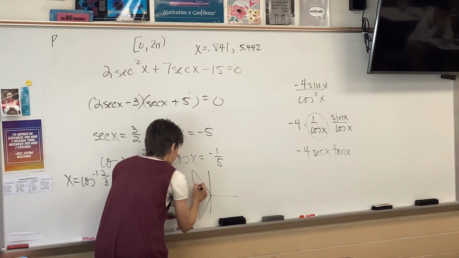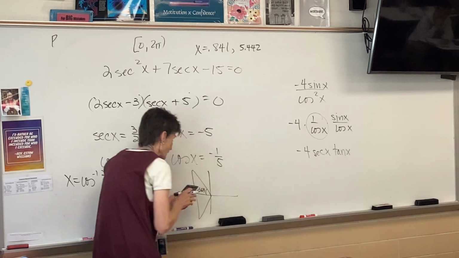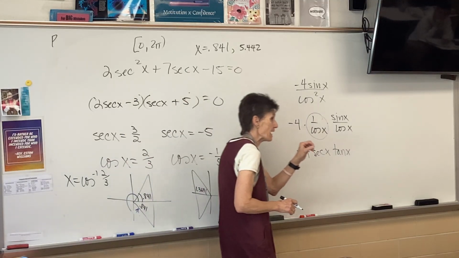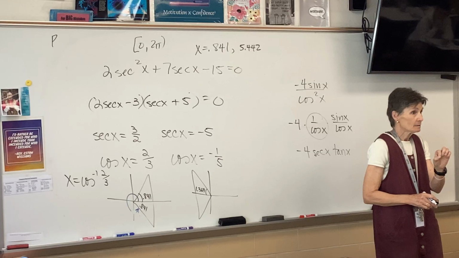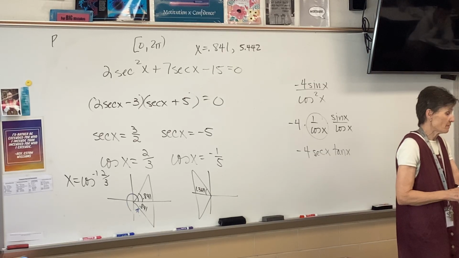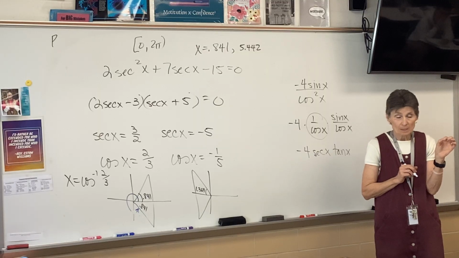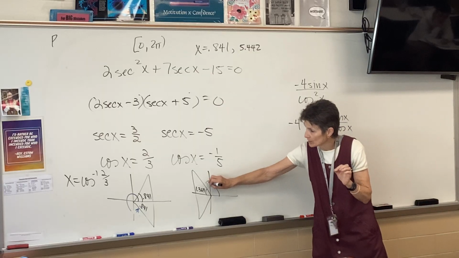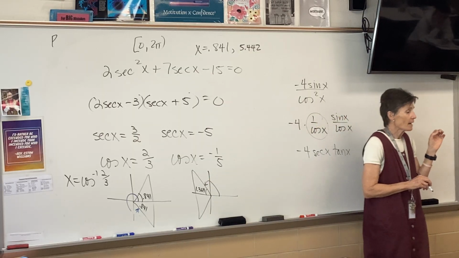The reason I do that is because I am looking for the angle with a 1/5 cosine in quadrant 2. So I find the angle with a 1/5 cosine, and it's 1.369. But that is not the answer.